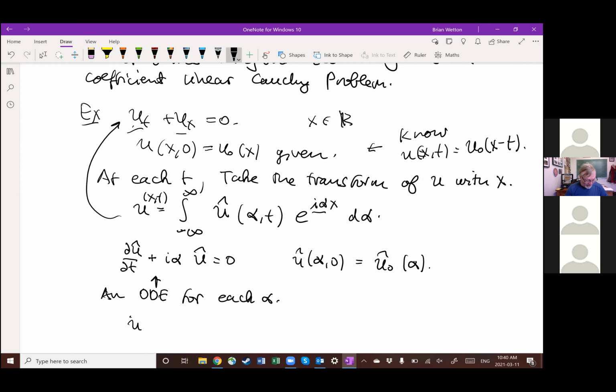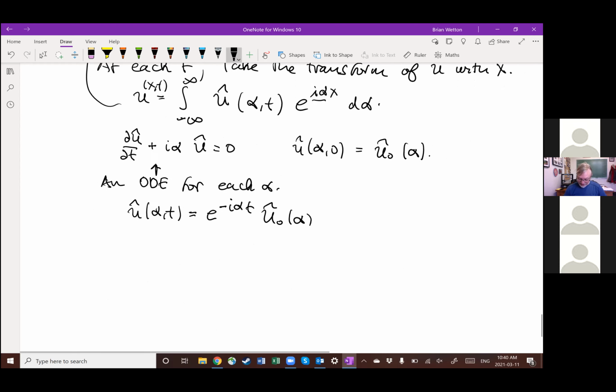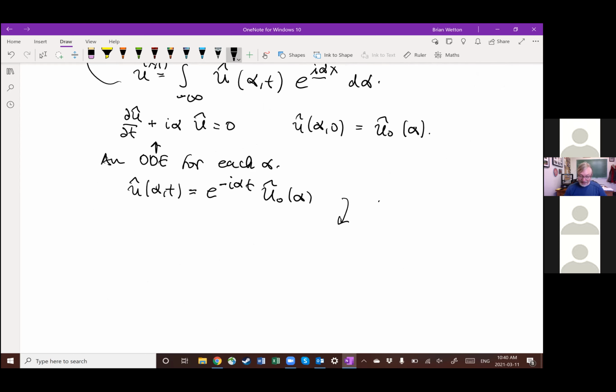I get u hat of alpha and t is e to the minus i alpha t times the initial conditions. It's just a constant coefficient exponential solution. So that's what you get. And then I'm going to look at my transform properties backwards.